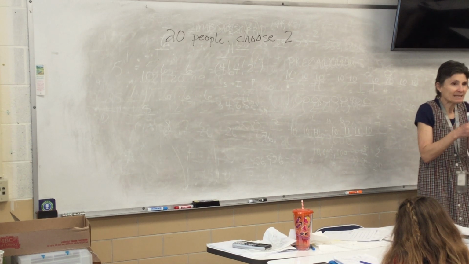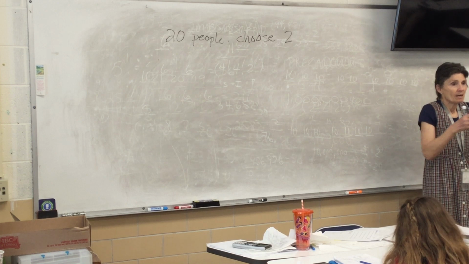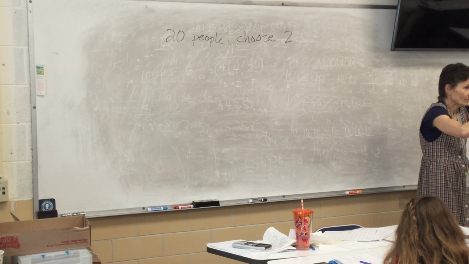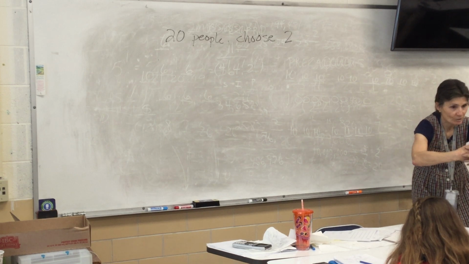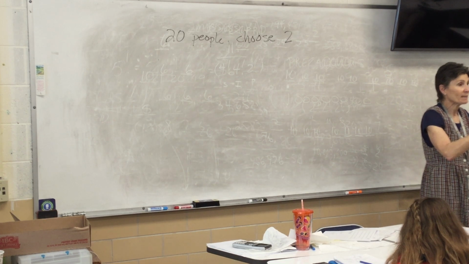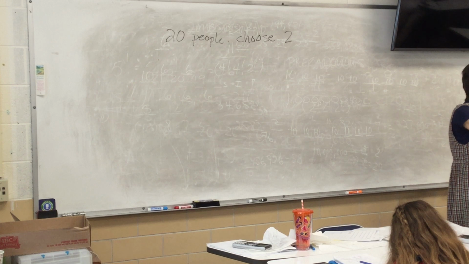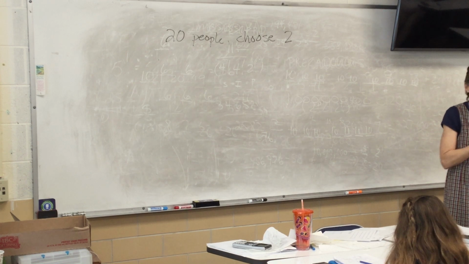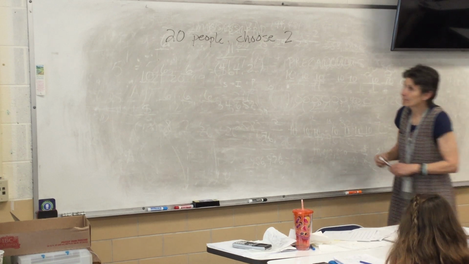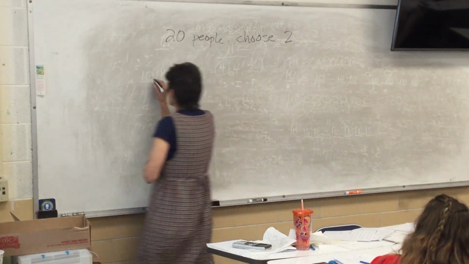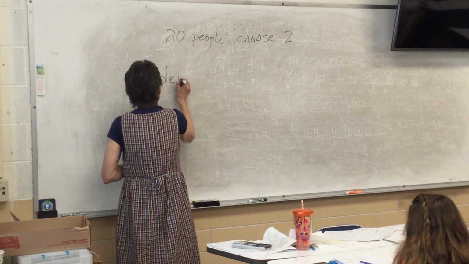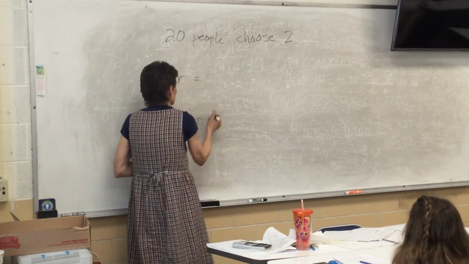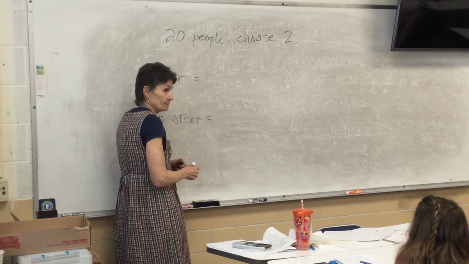If you are picking a committee, order doesn't matter. A leadership council, order doesn't matter. If you are picking for specific roles or specific prizes, then order matters. The difference in those two problems, order versus no order, is important.